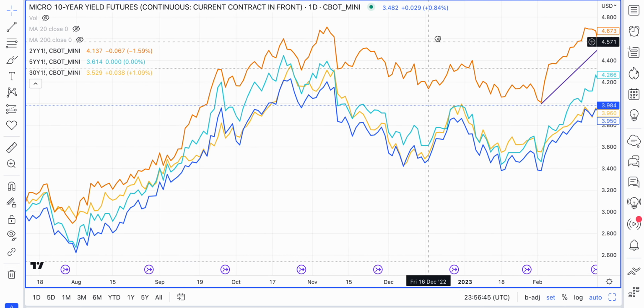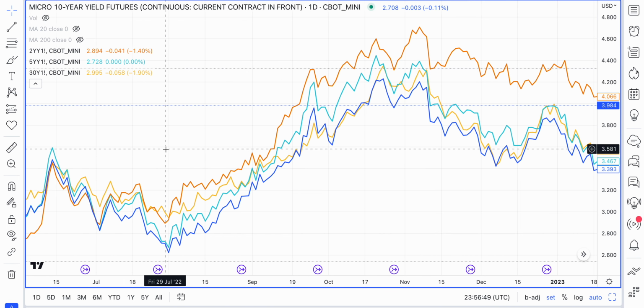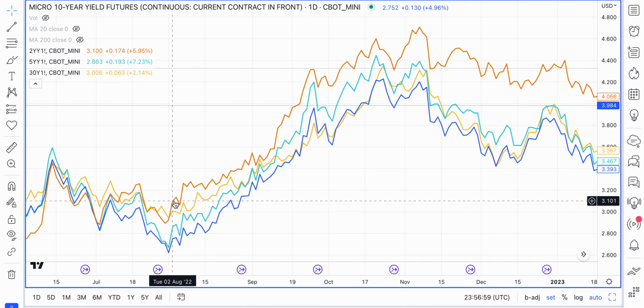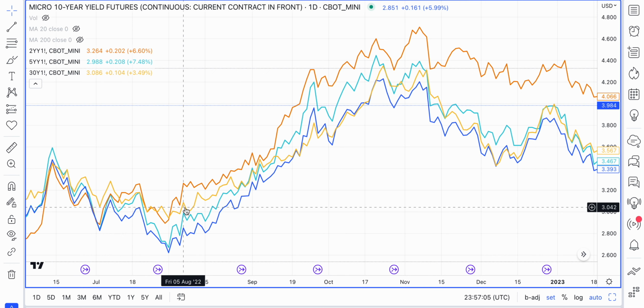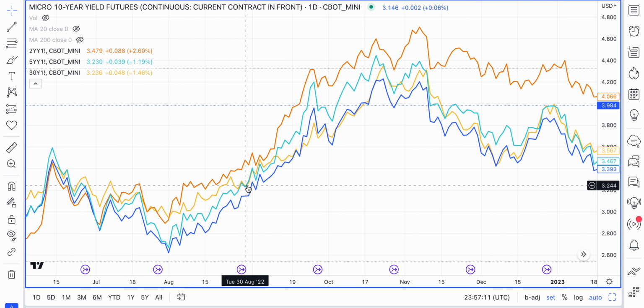Let's also take a look at going back a little bit further, to July of 2020. This is where we can see that the 2-year treasury note started to increase in its yield quite aggressively, and look at the 30-year note that began to lag in terms of its rise in the interest rate.